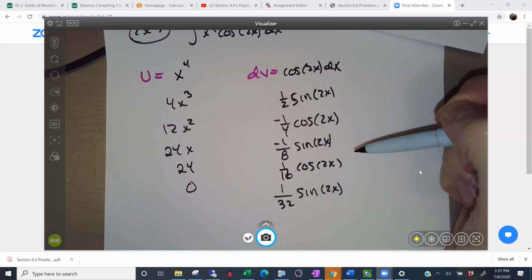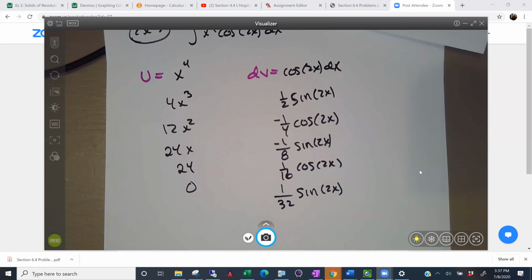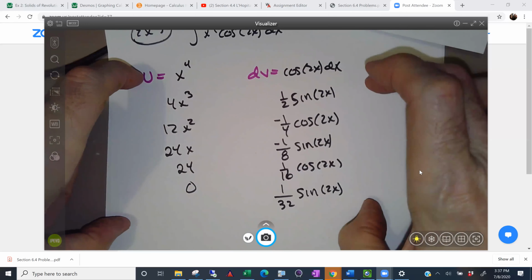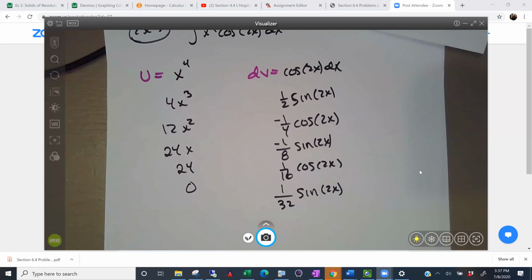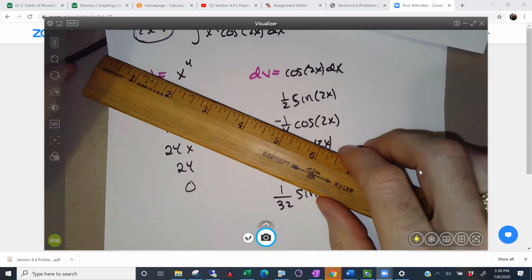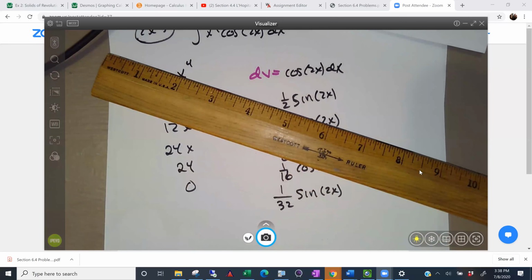This would be a brutally long problem if we weren't using a nice little trick. Are you okay with our tricks to get our dv lists? Because that's key in doing these things. Yeah. All right, cool.